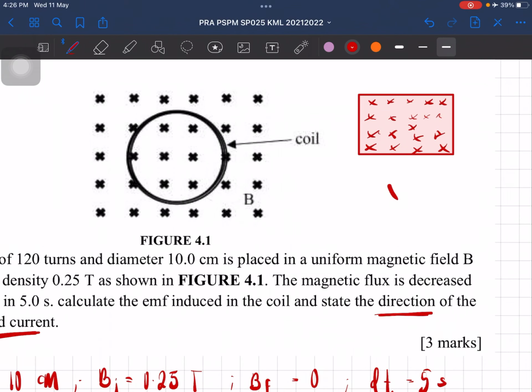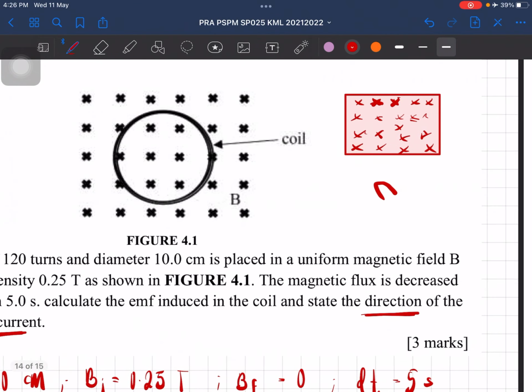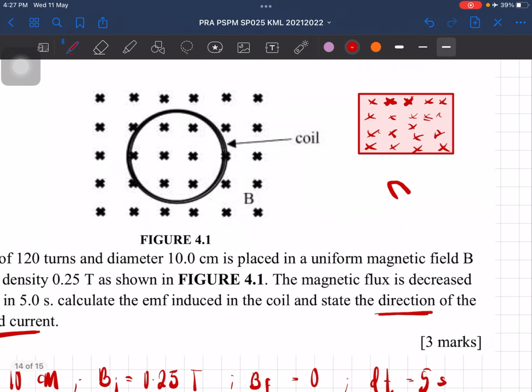Wait a moment. So our thumb will be pointing inside, because x is telling us that this is going into the page. Okay, this is going into the page. So our thumb will be pointing into the page. So our fingers will point like this, right?